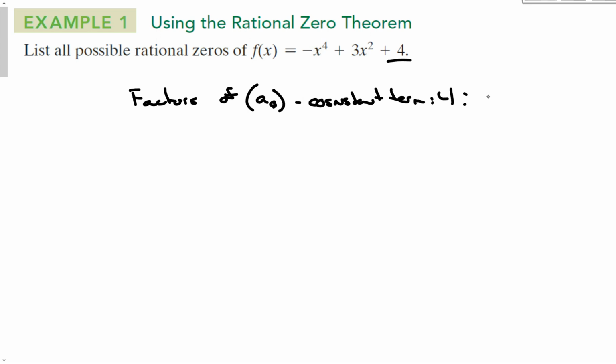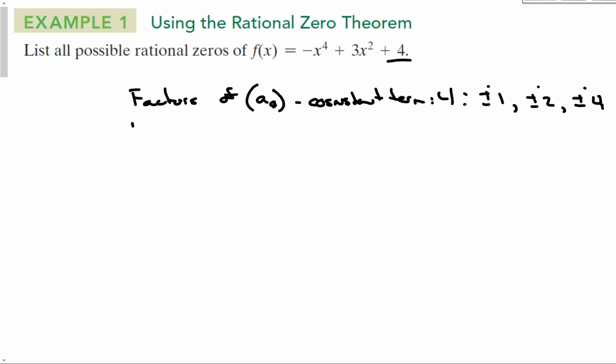Well, 1 times 4 and 2 times 2. But couldn't I have -1 times -4 also give me a +4? Sure. So we can say it's plus or minus 1, plus or minus 2, and plus or minus 4. Okay? We are always, when we're thinking of rational zeros, going to think about positive and negative numbers. So there are 6 possible factors of the constant term.